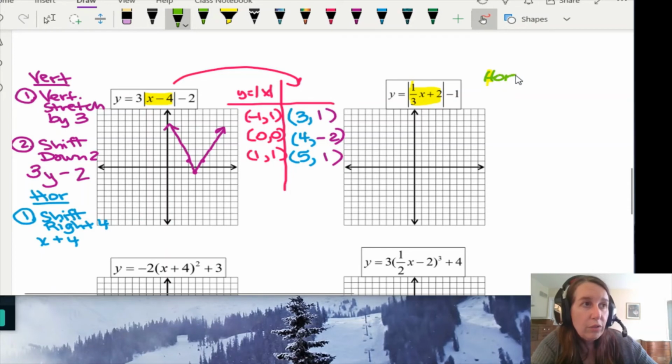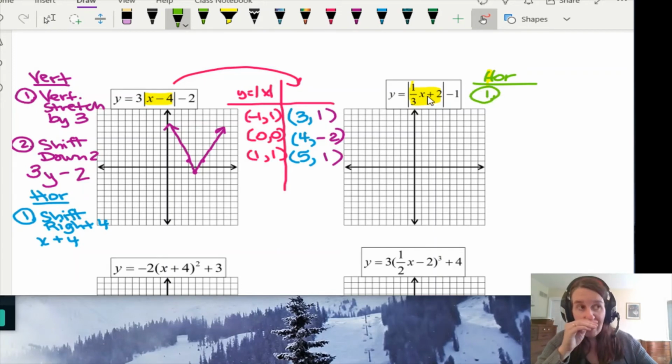So to the horizontal, right, I have 2 things going on. So the first thing that I have to take care of, it's 1/3 x plus 2. So I need to shift the 2 first. I need to subtract 2 first. So this is a shift. Let's see, since I'm subtracting 2, that's left.